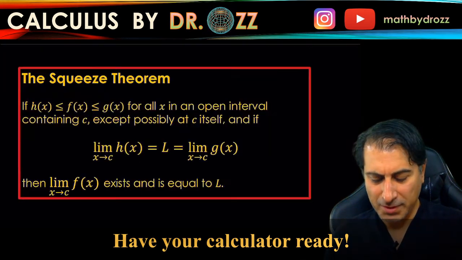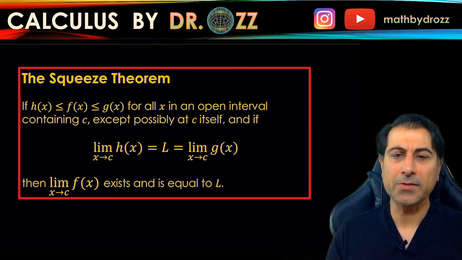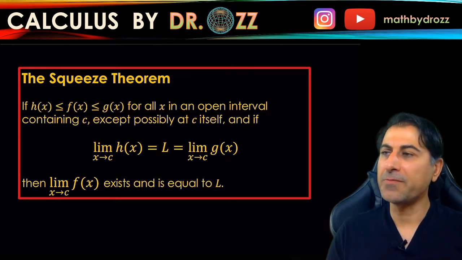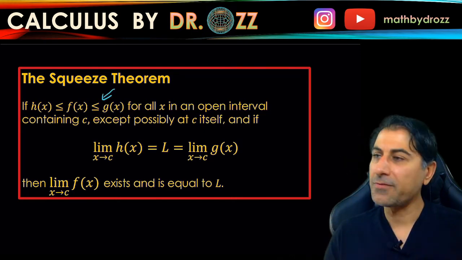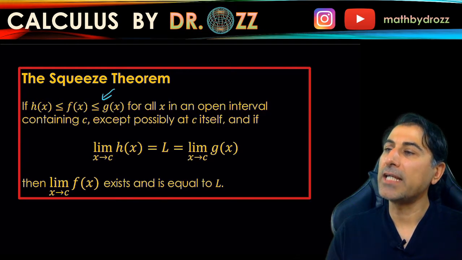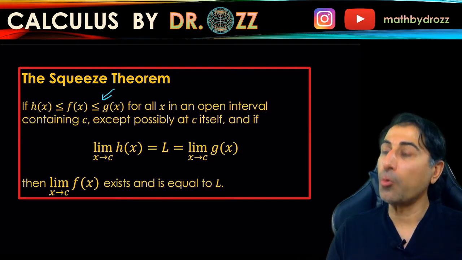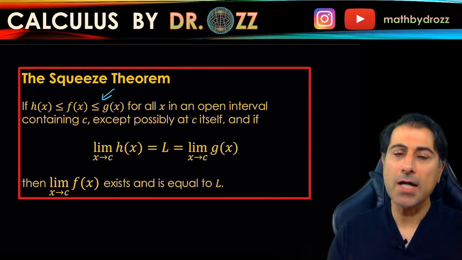So first off, what is the squeeze theorem? Well, this is the official description of the squeeze theorem. First off, you start with three functions satisfying these inequalities. So f is squeezed in between two functions h and g on an open interval containing c. These functions do not need to be defined at the limiting point c.